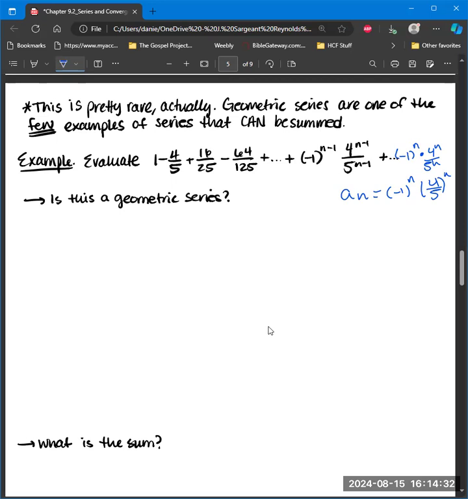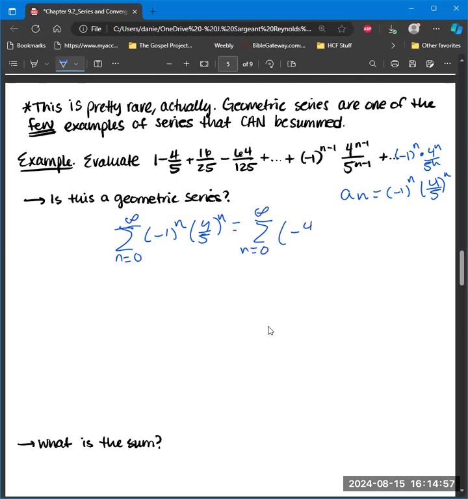So we have a series here of -1 to the n, 4/5 to the n, n equals 0 to infinity.